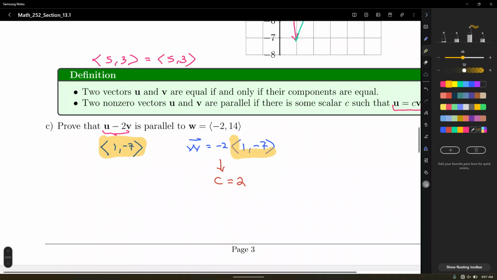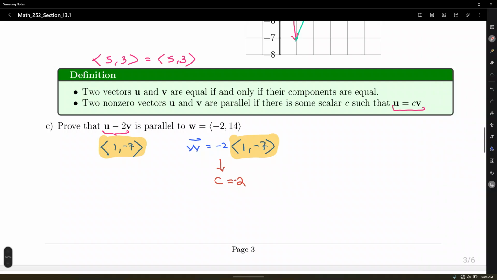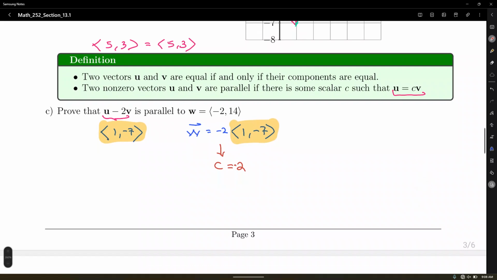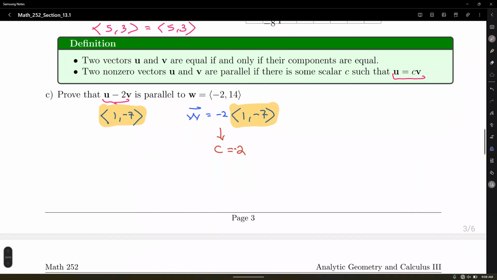Right, because yes, we had them with the opposite signs, but in this case what matters is that we have them with the same components. What changes instead is the scalar. In this case, it's a -2. All right, so just make sure to change the components and the sign of the scalar.